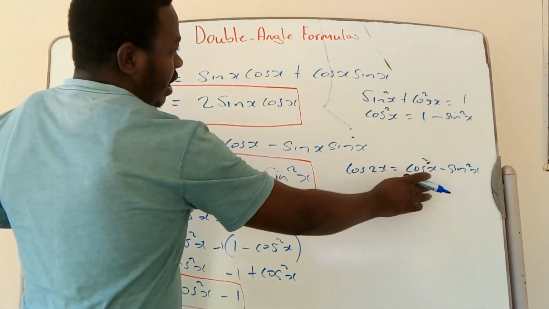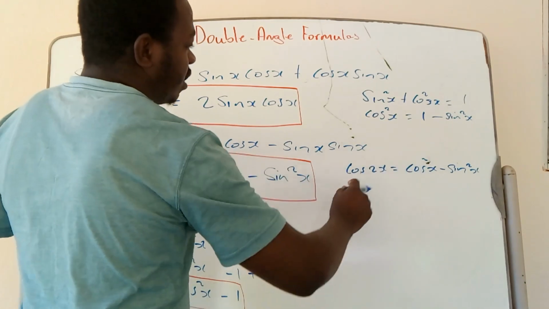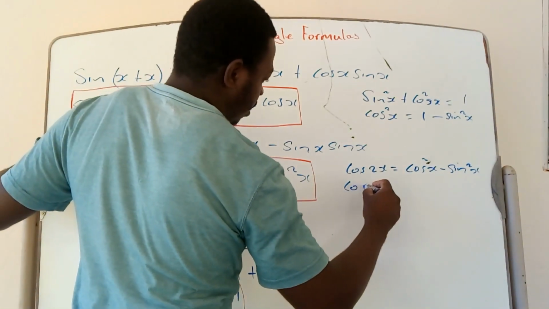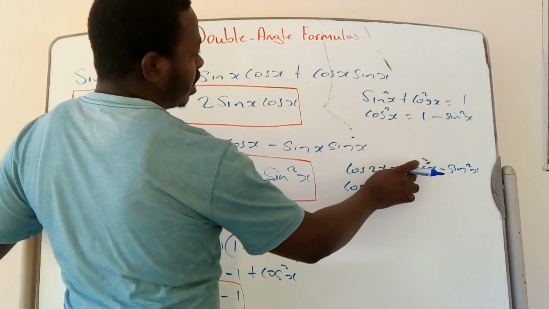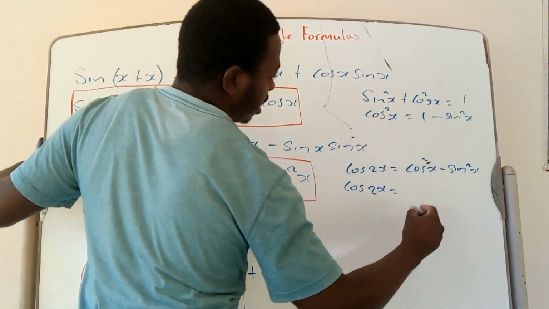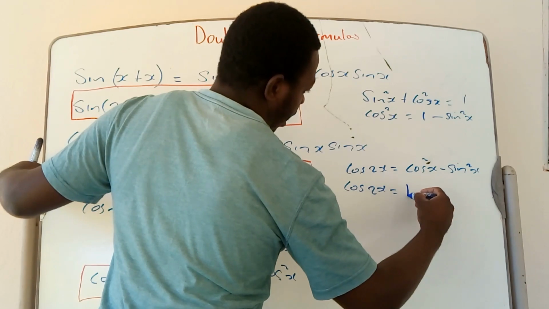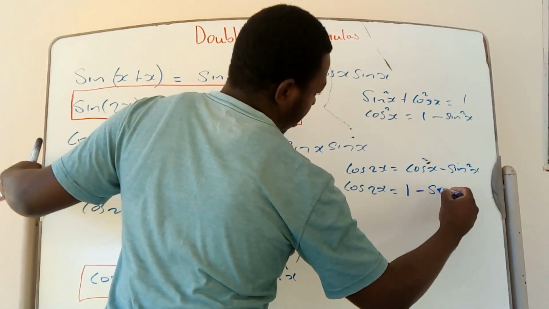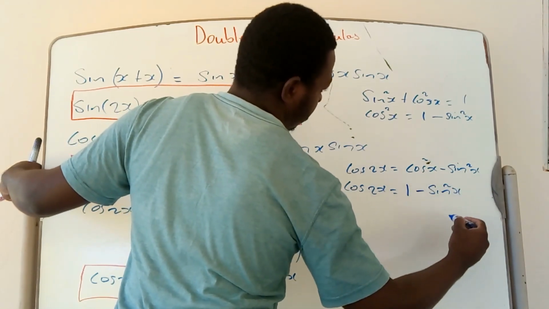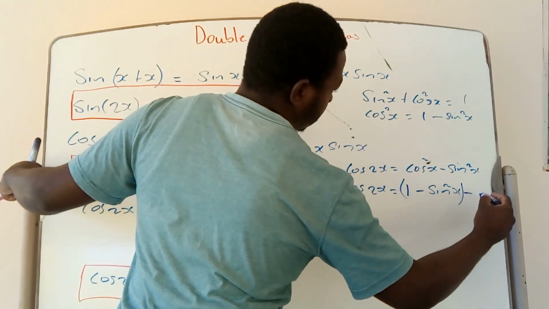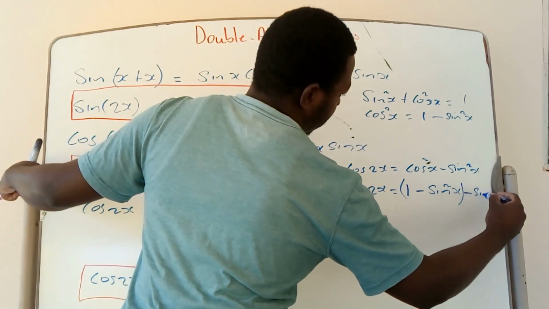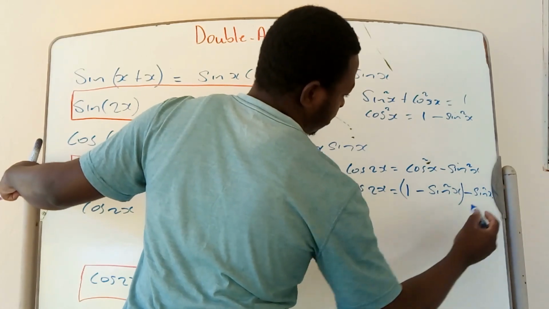Now I want this side to be strictly in terms of sine, so I keep my cos 2x, that is equal to, replace what cos squared of x is. Cos squared of x is just 1 minus sine squared of x, minus, put my bracket here, minus sine squared of x.